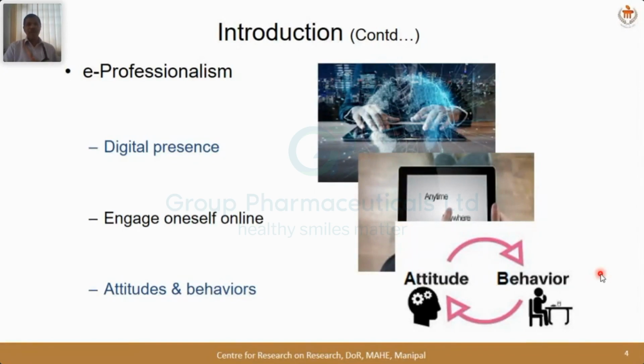A lot of guidelines are coming in different universities and professions on what the attitudes and behaviors are, and what guidelines are to be followed in e-professionalism. It is all related. Attitude is always related to behavior. We are not defining here what it is, because it's a vast area of understanding. It's a philosophy behind it.